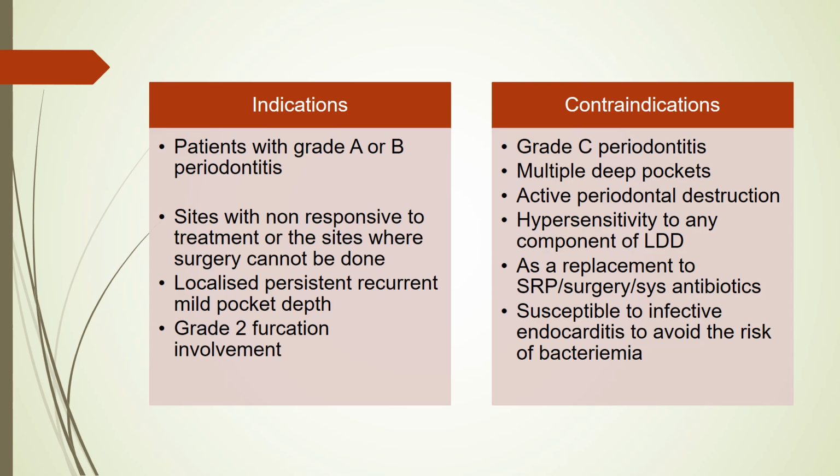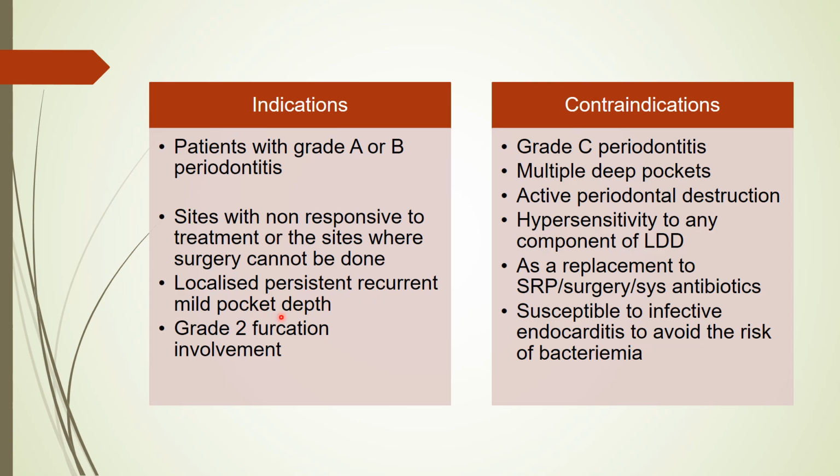Coming to indications of LDD: patients with grade A or B periodontitis, that is mild periodontitis, not with complex type of periodontal pocket, and sites that are non-responsive to treatment or sites where surgery cannot be done. Also localized persistent or recurrent mild pocket depth.